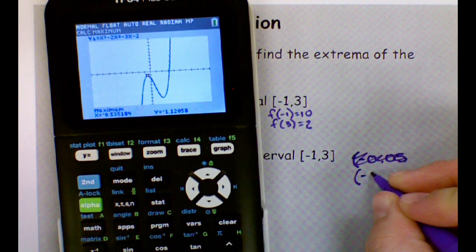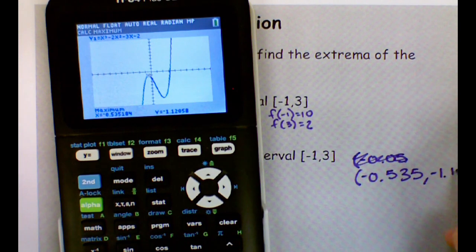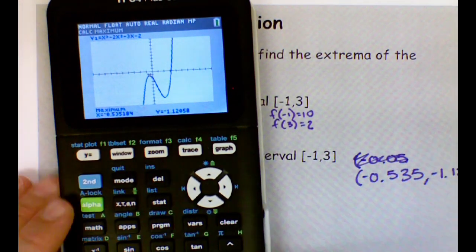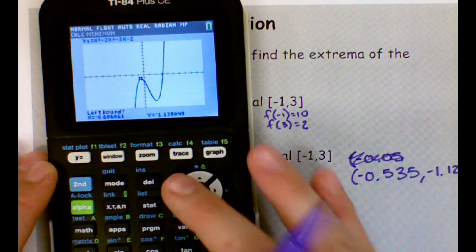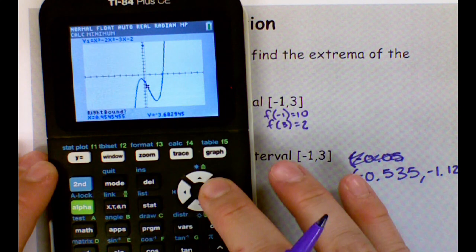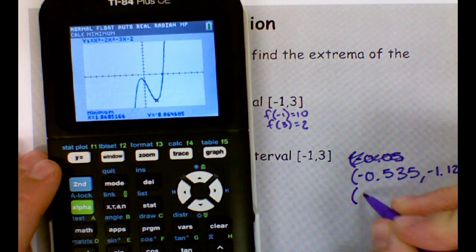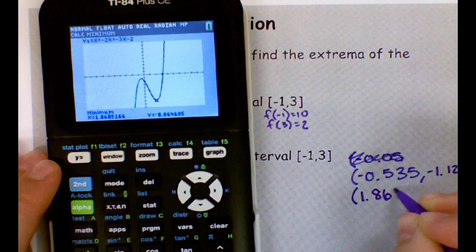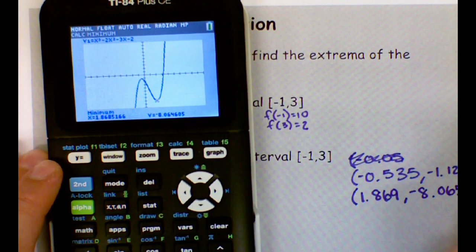So I'm going to write that point down. Negative 0.535, comma, negative 1.121. And then I'm going to calculate this minimum that I see. (1.869, negative 8.065).